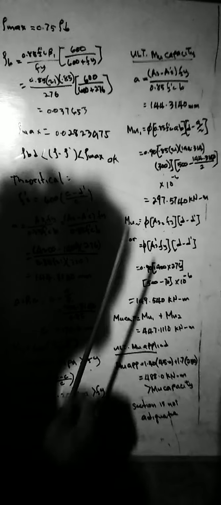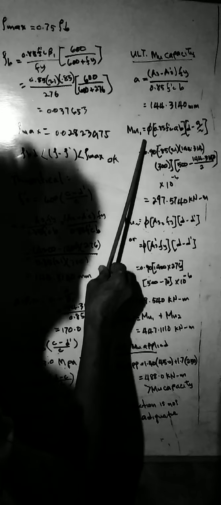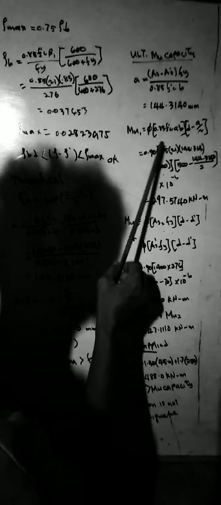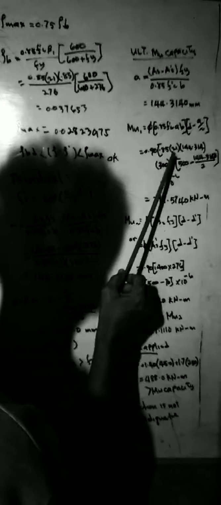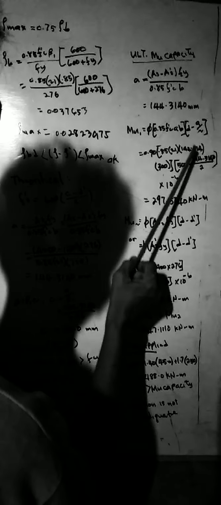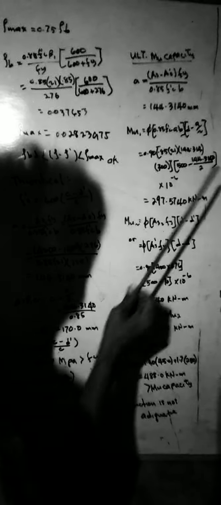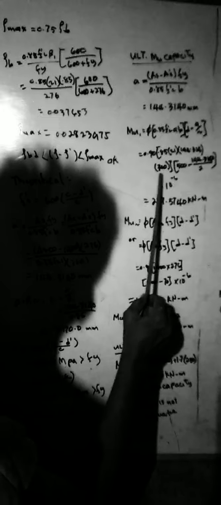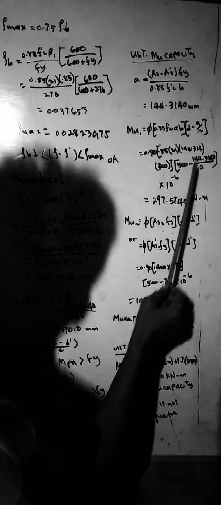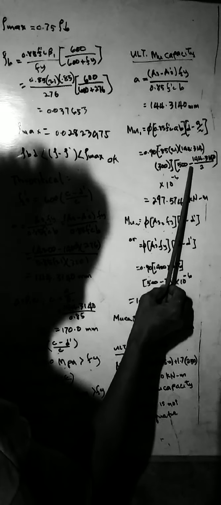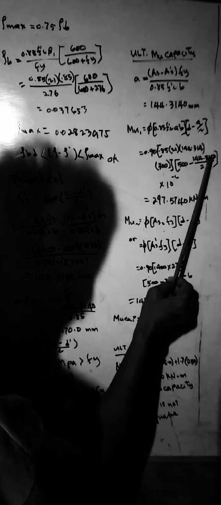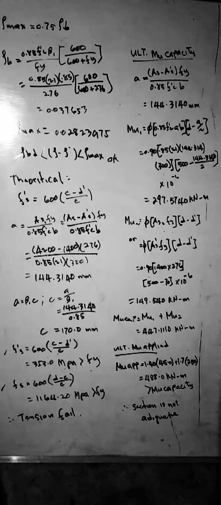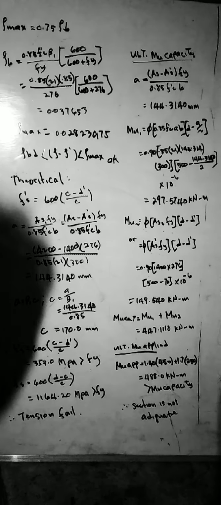Okay, and we have the value of this, 0.90. So it is 0.90 times the value of a, 144.314, times b, which is 300, times this quantity, 500 minus one half of the value of a, then times 10 to the negative 6 to convert the unit into kilonewton meter.